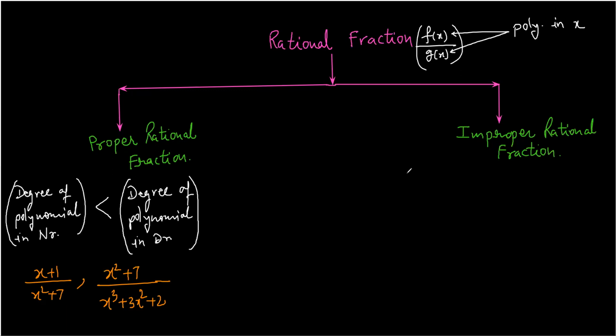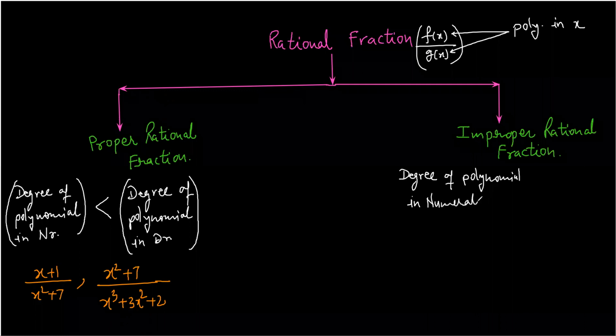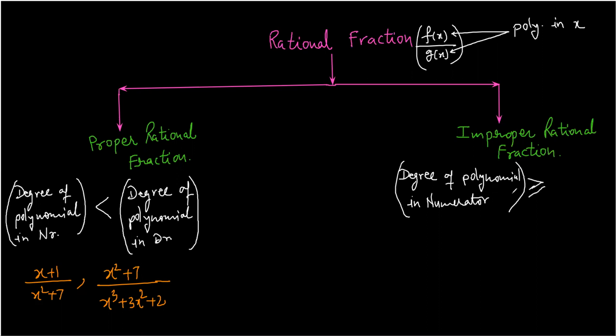If you notice that the degree of the polynomial in the numerator is greater than or even equal to the degree of the polynomial in the denominator, then you call such a fraction an improper rational fraction.